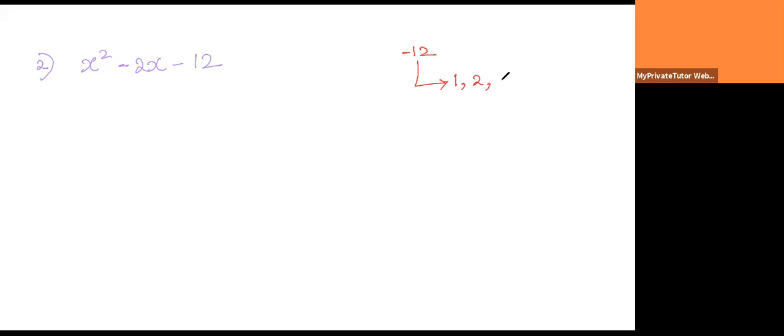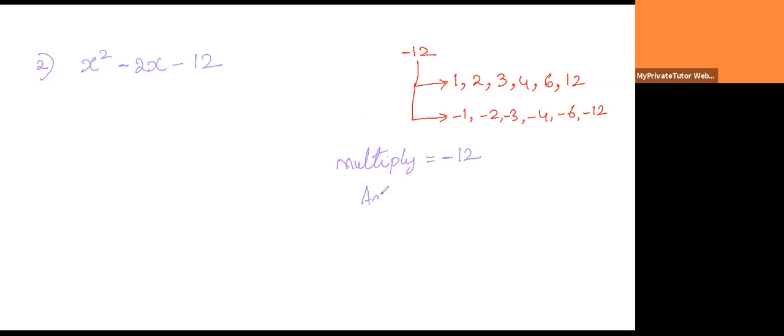So what are the factors of 12, guys? 1, 2, 3, 4, 6, and 12. So I'm going to write the same in negative numbers. Okay, and then you need to take two numbers. If you multiply those two numbers, the answer has to be minus 12.